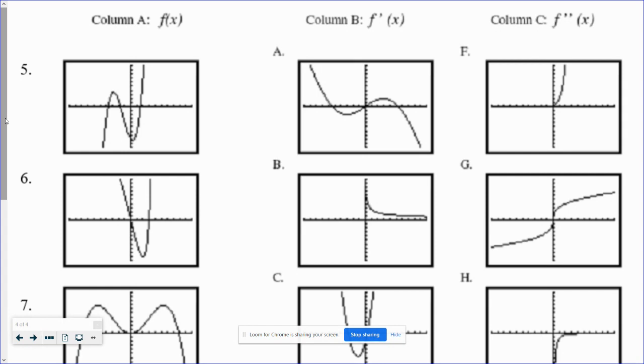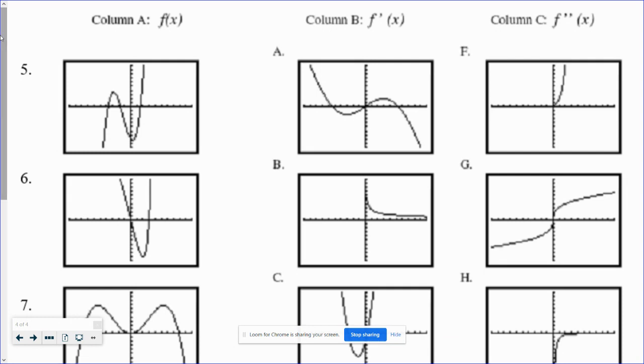But if you would take a second and look through that on Google Classroom, that can give you an idea. What this activity has you doing is matching up the functions: in column A are f of x, in column B are f prime of x, and in column C are f double prime of x. So you're matching up 3 sets of functions with their original, the derivative, and the second derivative.